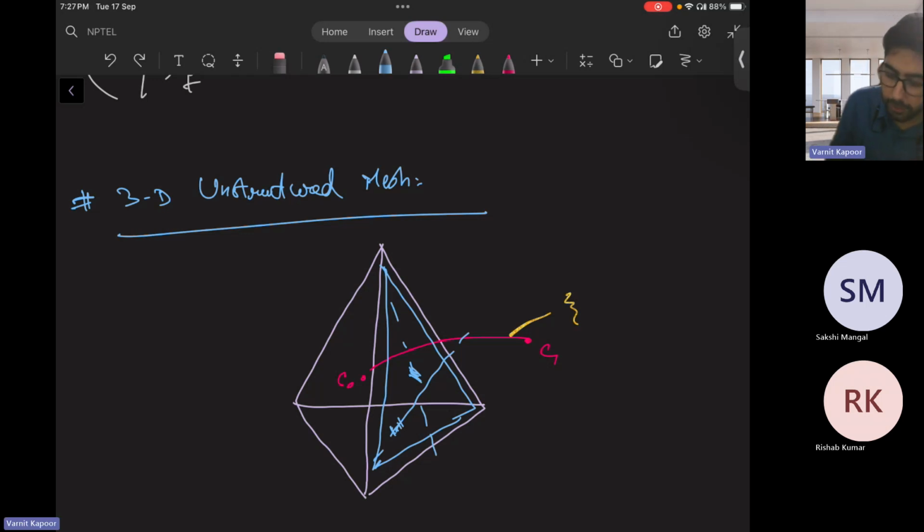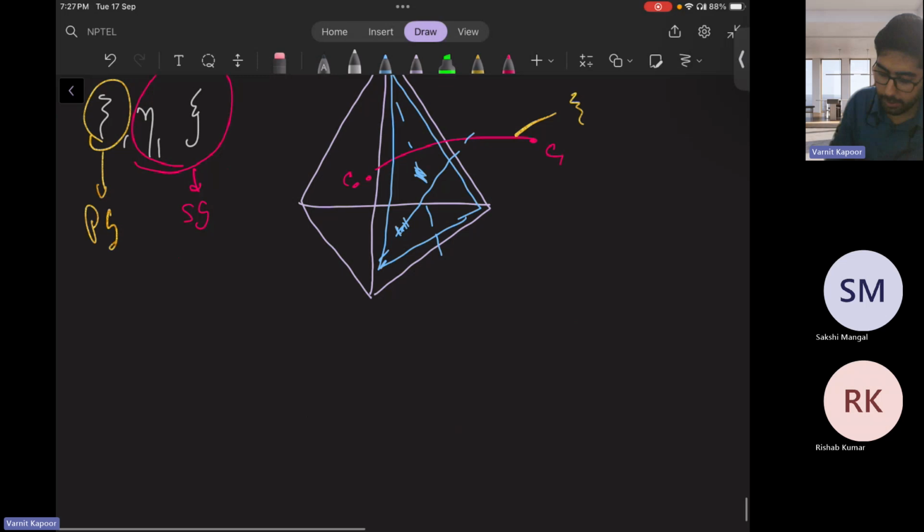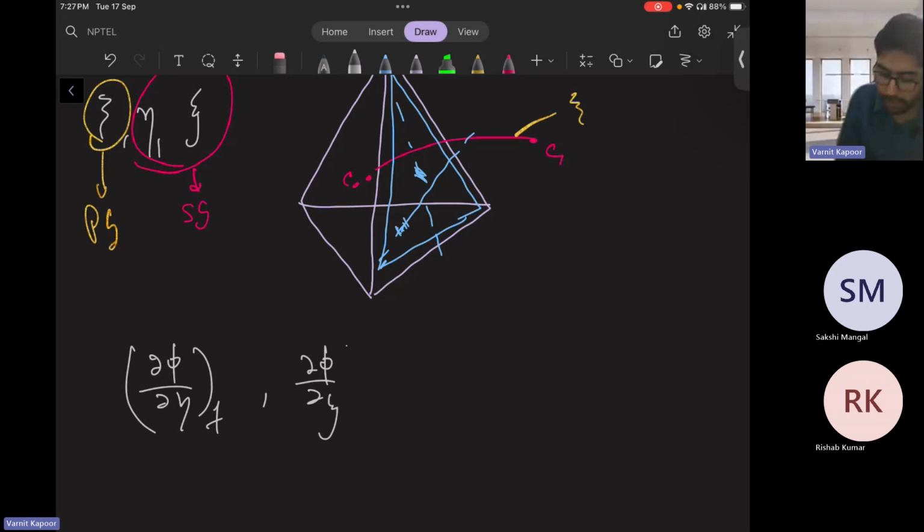Again, you have direction zeta, you have eta, and something called xi. So this is your primary again, and this is your secondary. SG, secondary gradient and primary gradient. And again, you need to calculate here dou phi by dou eta at that face and dou phi by dou xi at that face for this n-sided polygon.